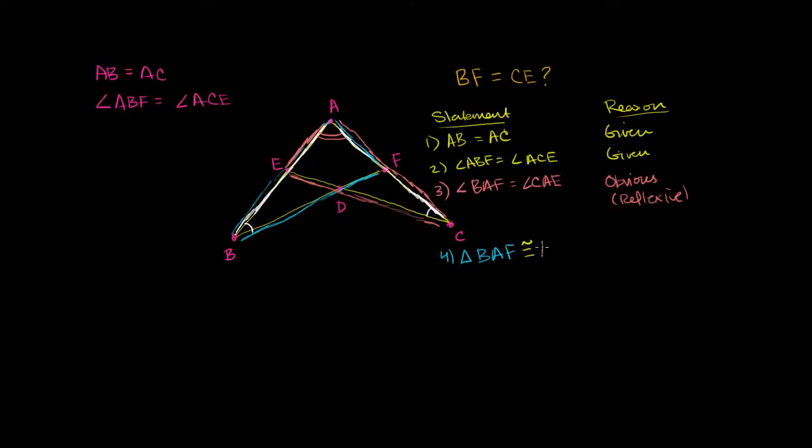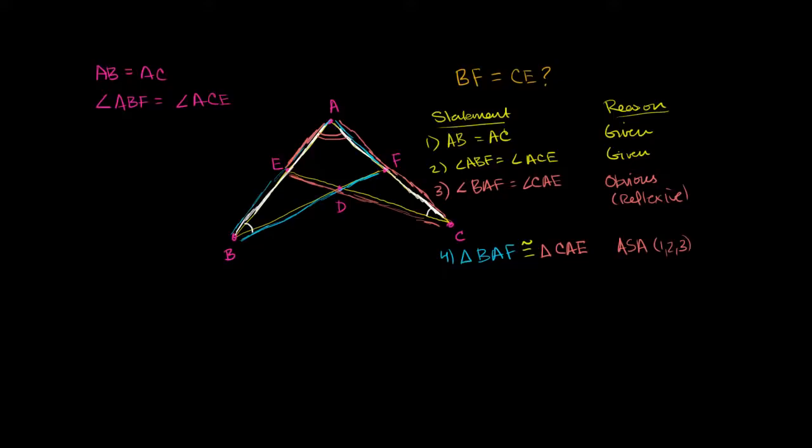White angle, orange angle, and then the unlabeled angle in that triangle right over there. And this comes straight out of ASR angle, side, angle, ASA. This is one angle, this is the side in between, and these are the two angles. So it comes out of statements 1, 2, and 3. And so they are congruent.